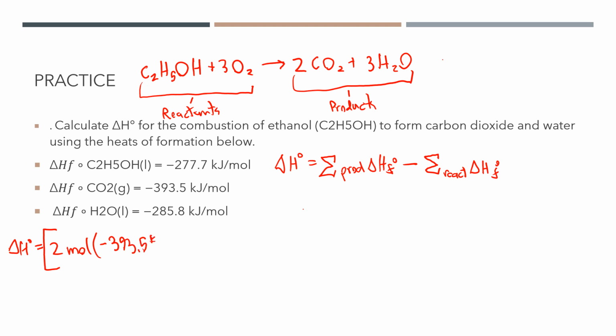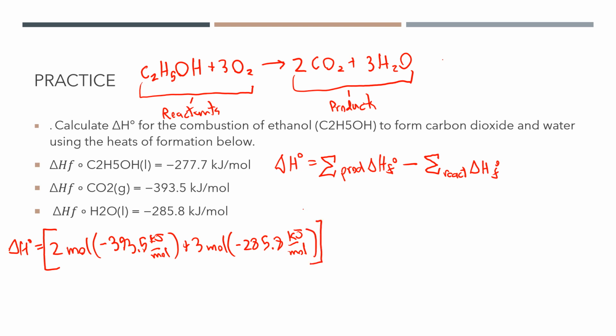And then we add that to our other one, which is water. We put a 3 in front of it, so 3 moles of water, which is -285.8 kilojoules per mole. And those are all of our products.